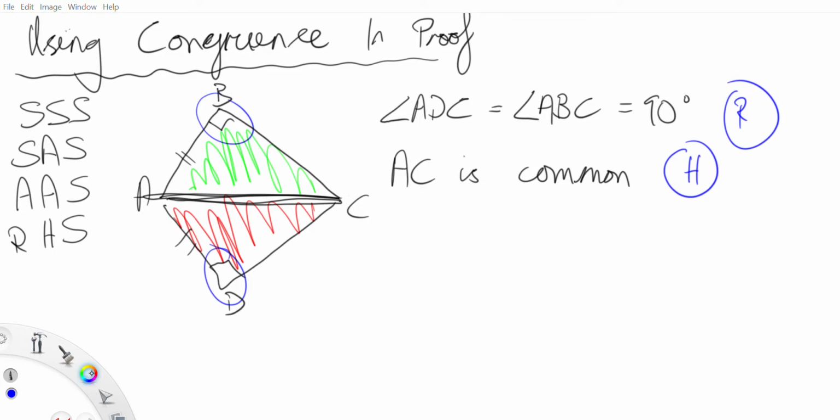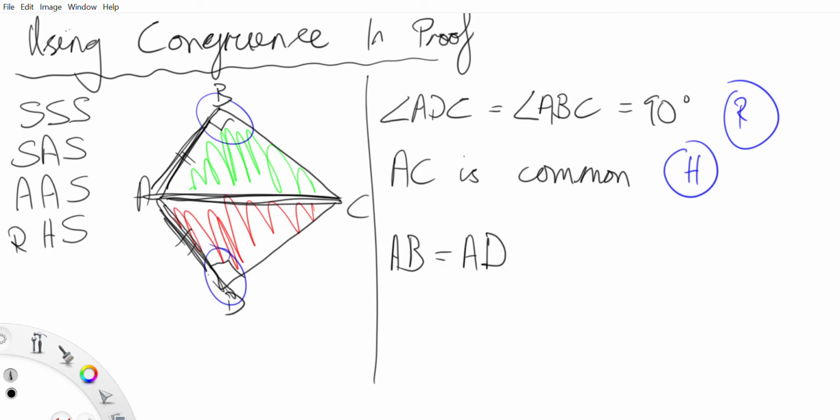Now, do we have a side length that is the same? Yeah, we would say that this side length and this side length are the same, but we've got to call them something. So we would say A to B, which is that one there, is equal to A to D. So that is our side length that is exactly the same.